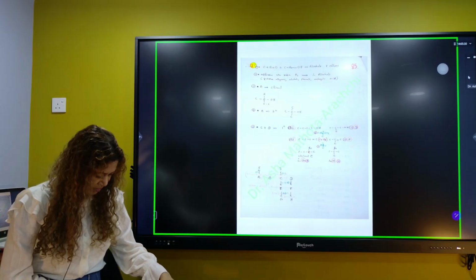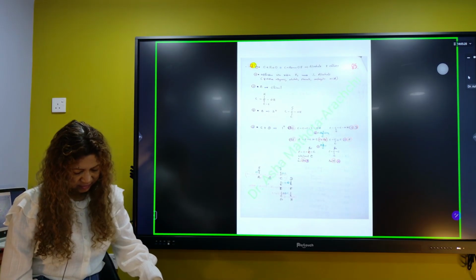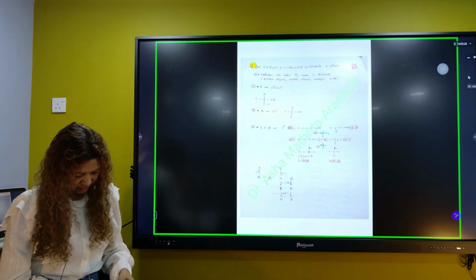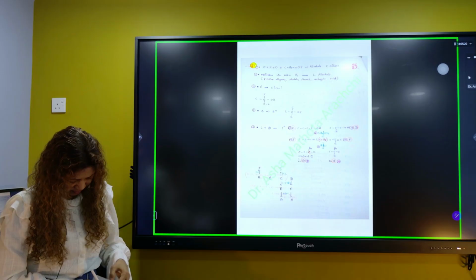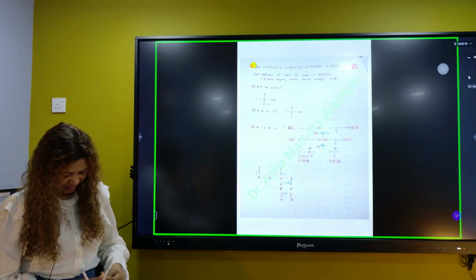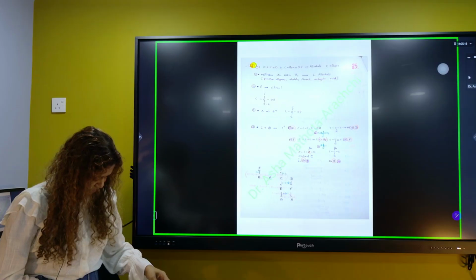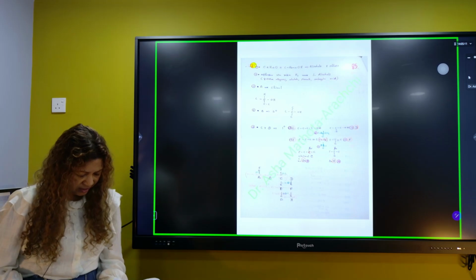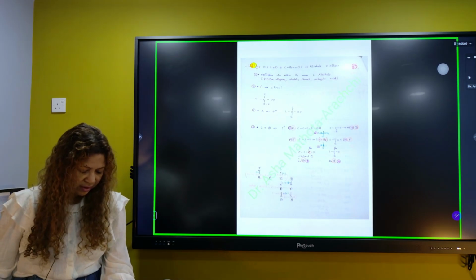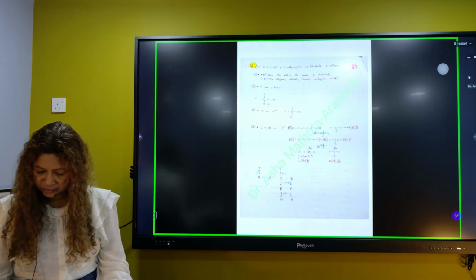Question number 71. A, B, C and D are structural isomers with the molecular formula C4H10O.